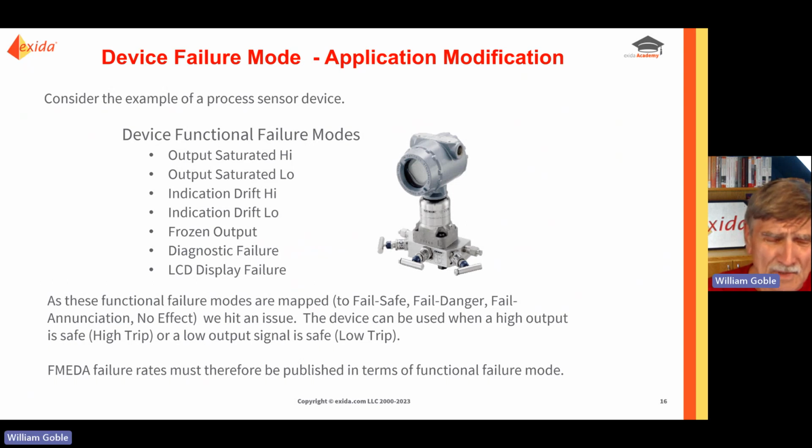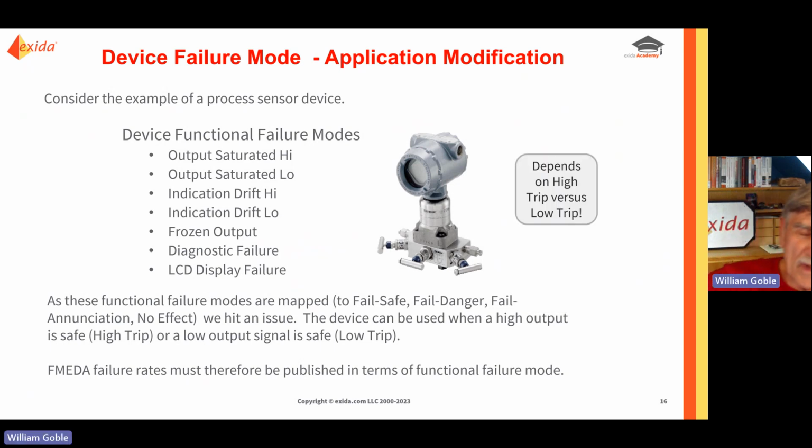Functional failure modes include the output going high, the output saturating low, or drifting high or low. And then someone asked, doesn't the category safe versus dangerous depend on whether this product is used in a high trip or a low trip application? And the answer is yes, it does.